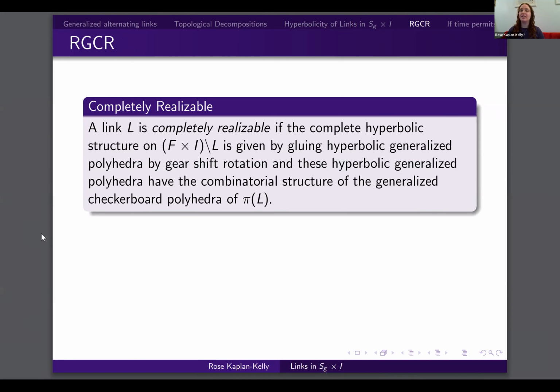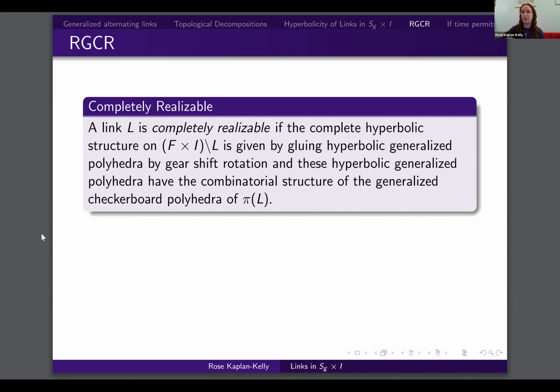A link is called completely realizable if the complete hyperbolic structure on its complement is given by gluing hyperbolic generalized polyhedra by that gear shift map, and those hyperbolic generalized polyhedra have the combinatorics of the generalized checkerboard polyhedra that we saw before. So you decompose the complement along these checkerboard surfaces. So we found P plus and P minus.